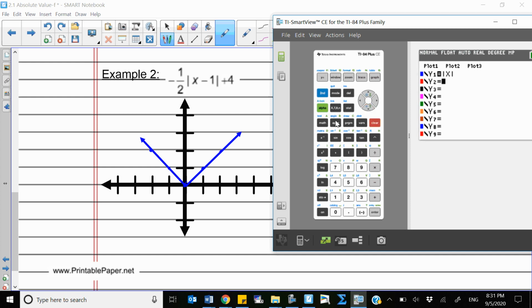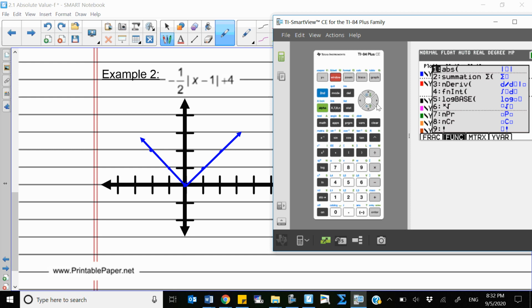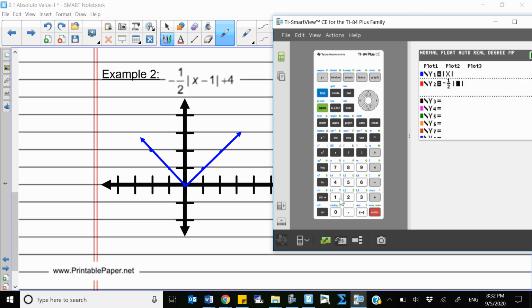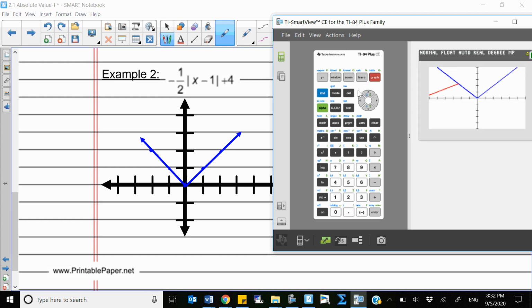I'm going to clear the second one, and okay, so negative 1/2, and then we have absolute value of x minus 1, and after the function I have a plus 4 here. So this is the equation. Now I'm going to graph it.